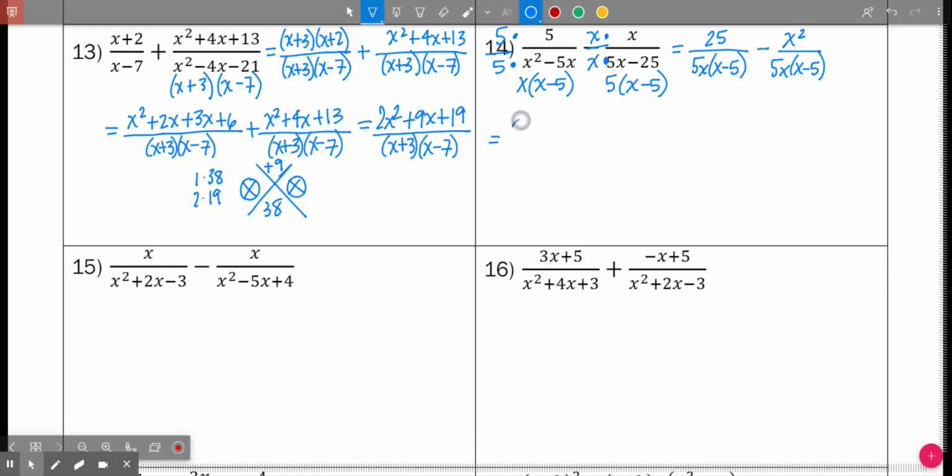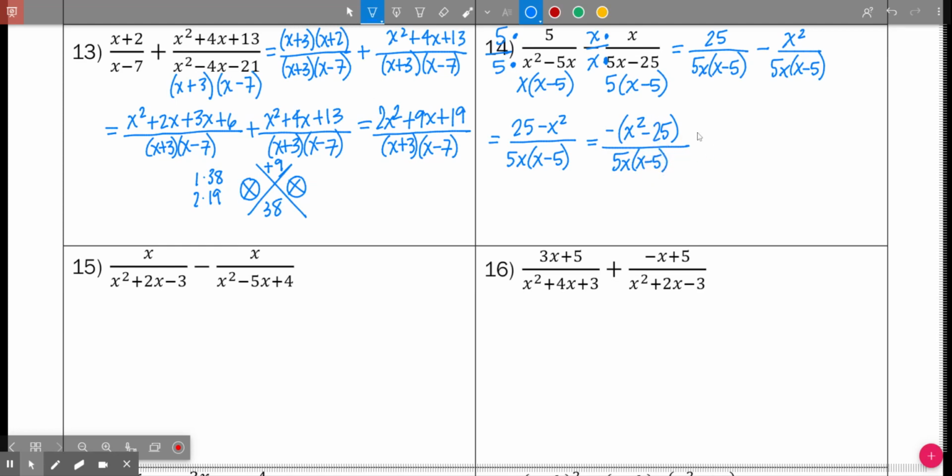I have 25 minus x squared over 5x times x minus 5. Well, if I factor a negative out of the top, this is negative x squared minus 25 over 5x times x minus 5.